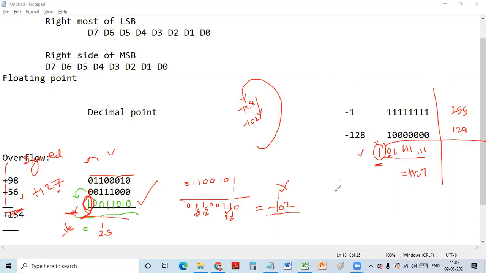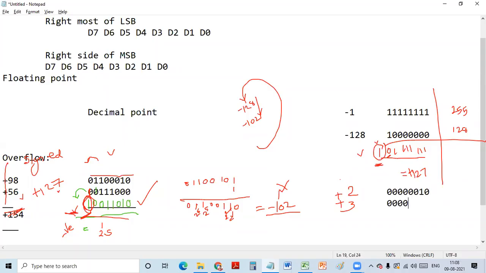Let us consider a simple case where two positive numbers like plus 2 and plus 3 are added. Very simple case. Plus 2 is nothing but 0, 0, 0, 0, 0, 0, 1, 0.